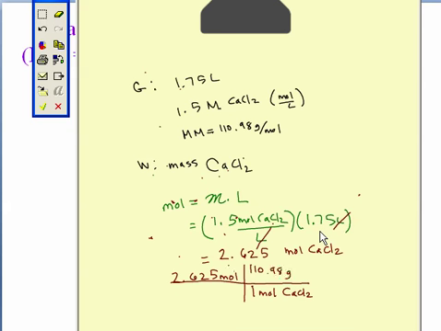So if I have 2.625 moles of calcium chloride, my moles cancel out, and then I multiply across 2.625 times 110.98, and here's my answer, 291 grams of calcium chloride. And that makes sense because I have about 2.5 moles. Each mole weighs a little over 100, so more than 2.5 should be something in this area. So 291 grams of calcium chloride.